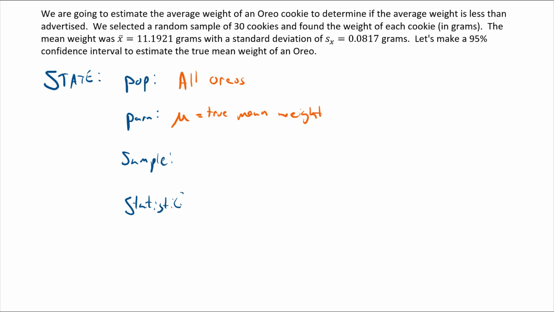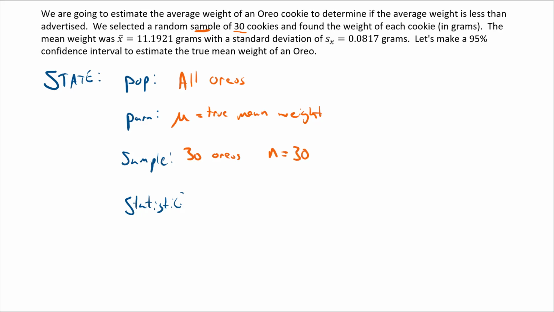Now, the sample, of course, we said our sample right here says sample of 30 cookies. So we should go back and read the problem. So our sample was 30 Oreos. In other words, you could also simply say sample n equals 30 for your sample size.